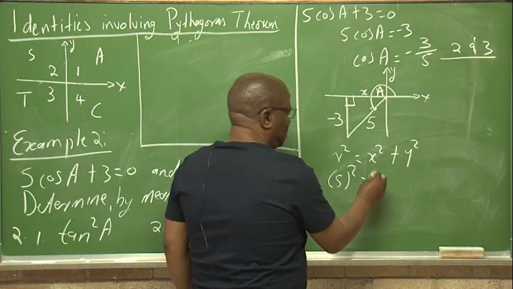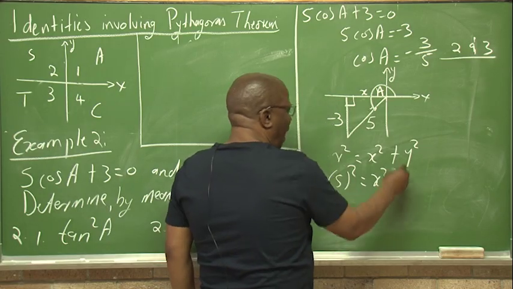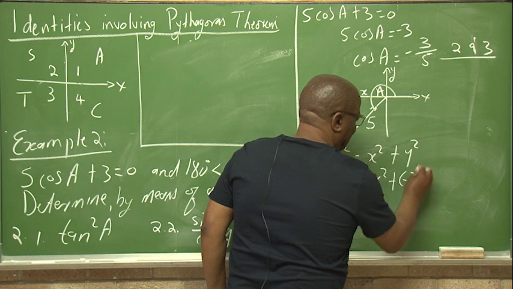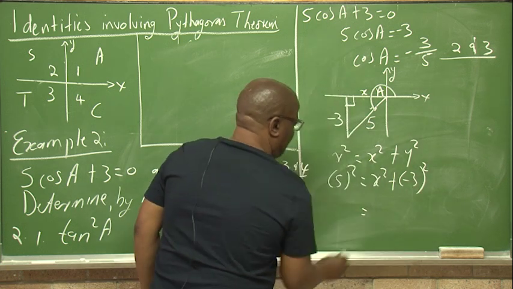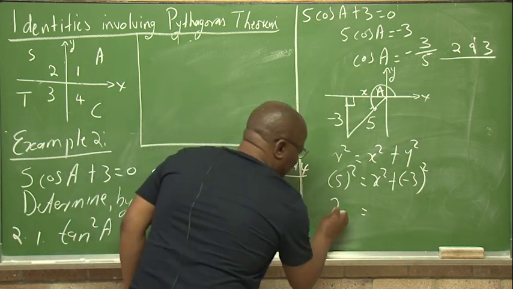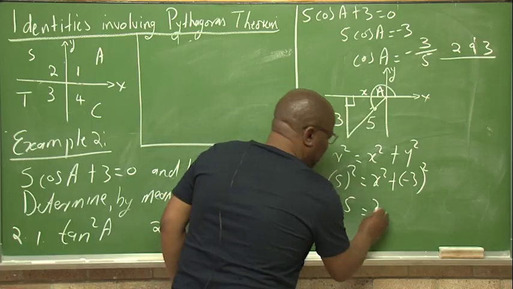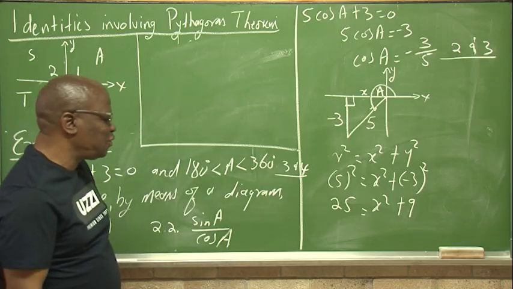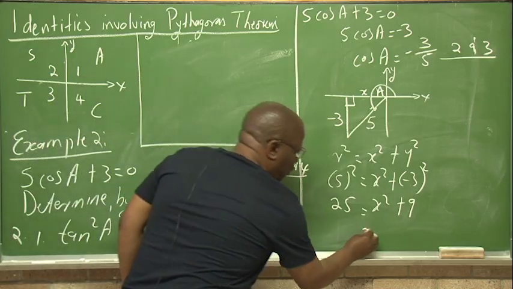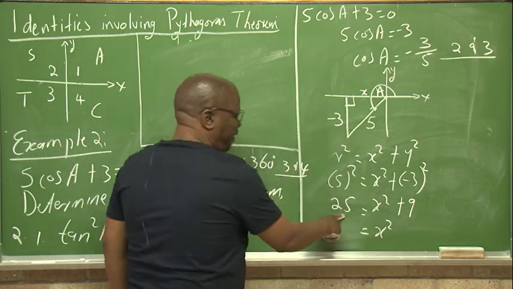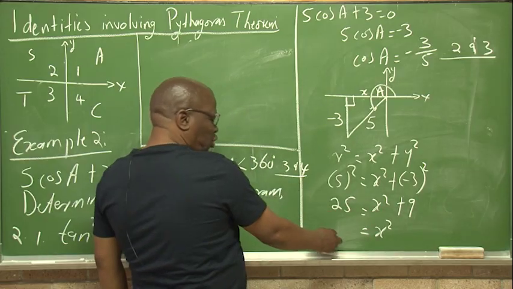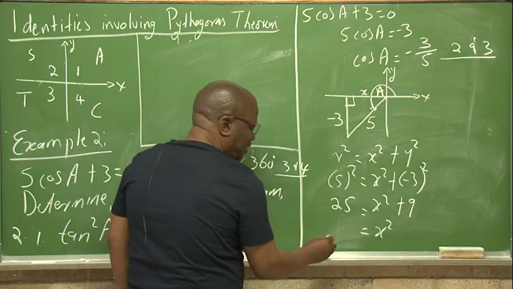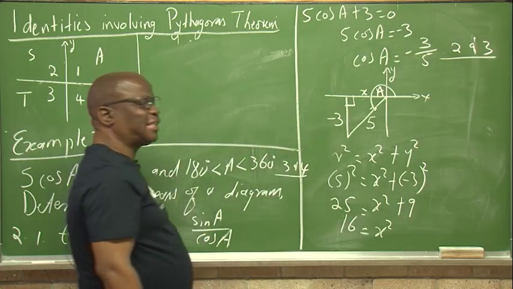Our x, this is what we want to calculate. y is -3. If you square 5, you get 25. This is x squared plus 9, because -3 squared is 9. If you transpose, you've got x squared equals 25 minus 9, which gives you 16.